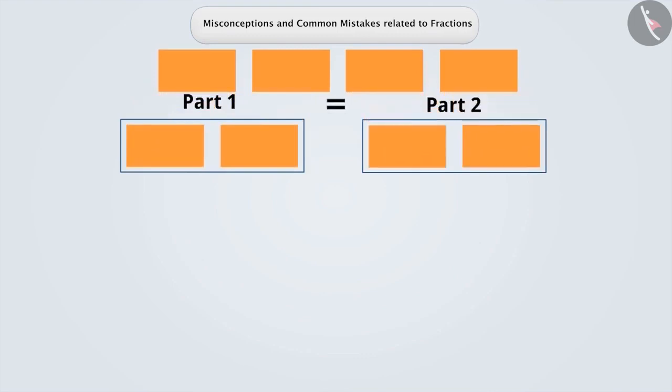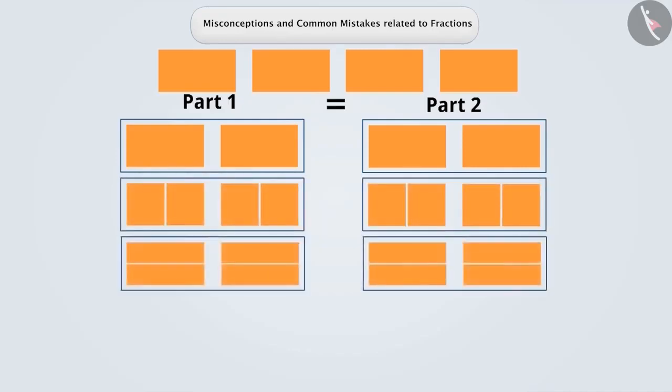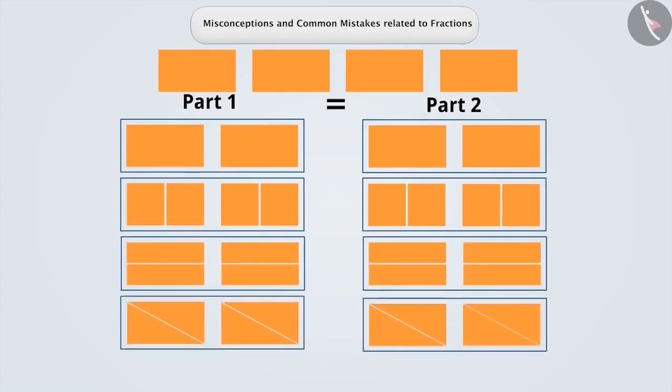It will result in 2 equal parts. Another way is to cut each paper into 2 equal parts by using different ways. When you keep a half in each section, you will still get 2 equal parts of 4 papers. Similarly, there could be many ways to divide the papers, but we get 2 equal parts in all the cases.